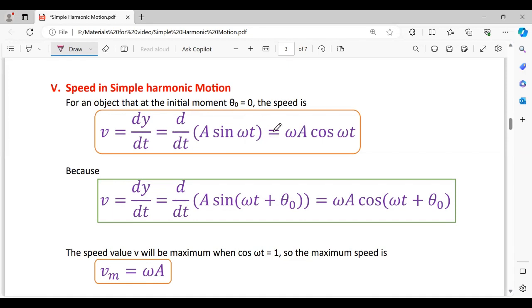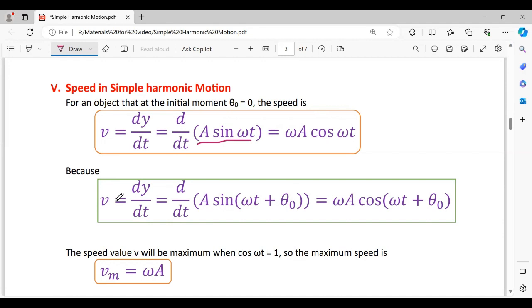So velocity equals omega a cosine omega t. Cosine because the derivative of sine omega t equals cosine omega t. Derivative of this term, a sine omega t, equals omega a cosine omega t.